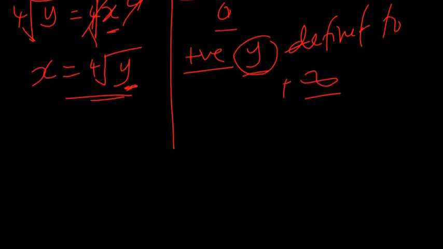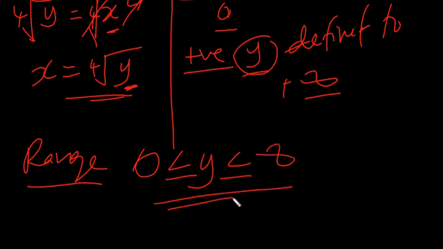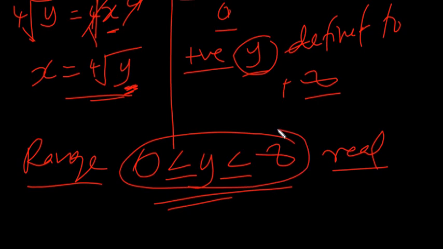That means the range becomes 0 is less than or equal to y, which is less than or equal to infinity, because the negative part does not work, because you don't get a root of a negative number. It remains imaginary, but we are dealing with real numbers. This one is real, so this is my range.